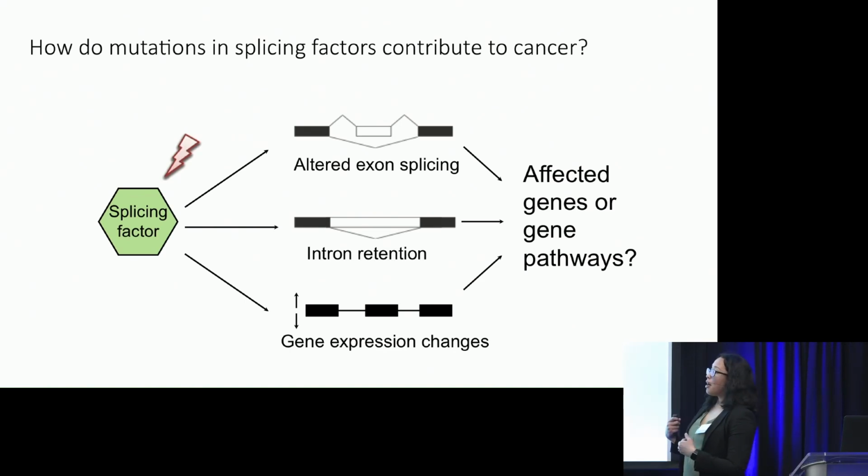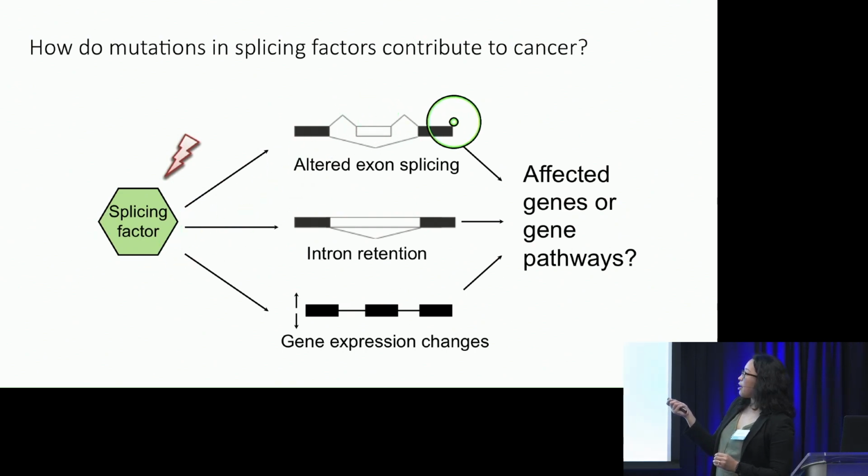This is a big question in the field, even still today: really understanding why these splicing factors are mutated so frequently. The view that we take is that because these splicing factors are known to control how the splicing process functions and where to cut and paste in the pre-mRNA, we're interested in looking at cases where this gene is mutated and what the downstream effects on the RNA are.